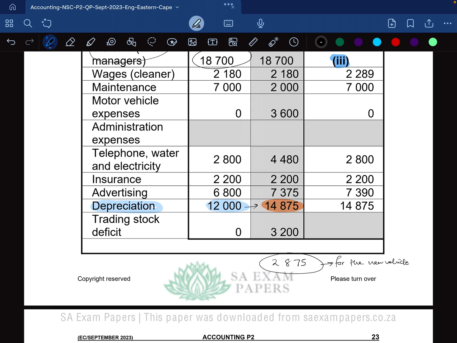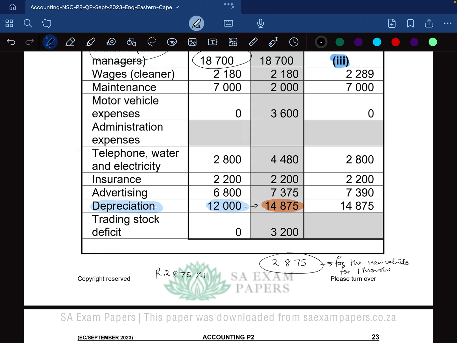But we know that this is the depreciation for 1 month only. Okay, and we cannot determine the cost price from depreciation of only 1 month. We need to determine the cost price from the full year depreciation.